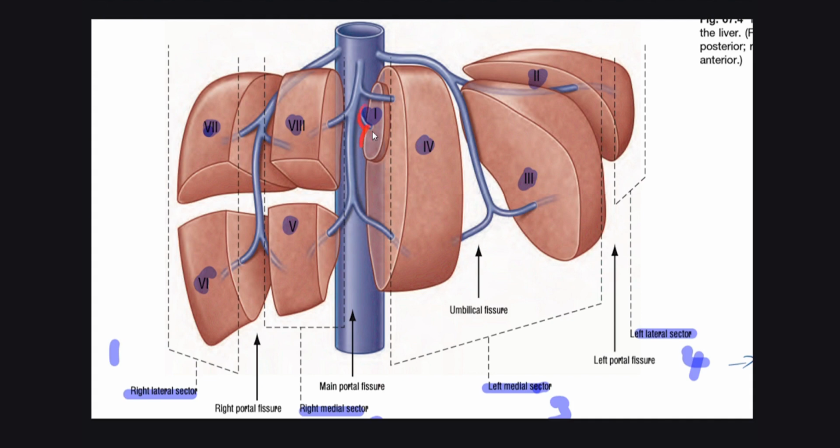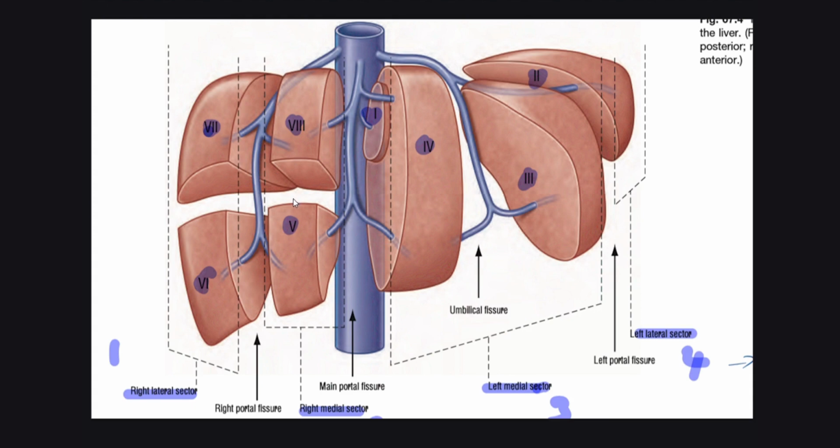So it's part 1 right here, and then part 2, part 3, and part 4. As you can see, I'm moving in a clockwise direction. And simultaneously, there is a division inside the lateral part, or the left part, and this part is divided by something known as the umbilical fissure. That's the umbilical fissure right there.